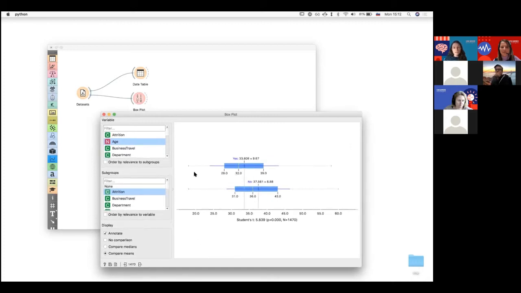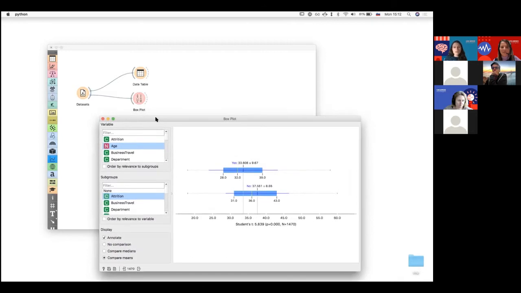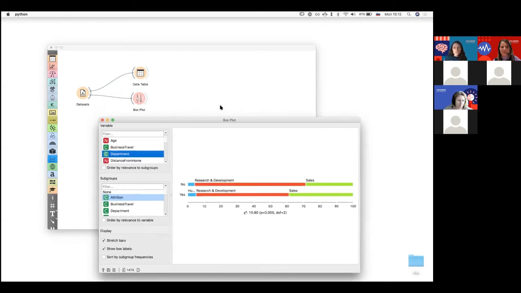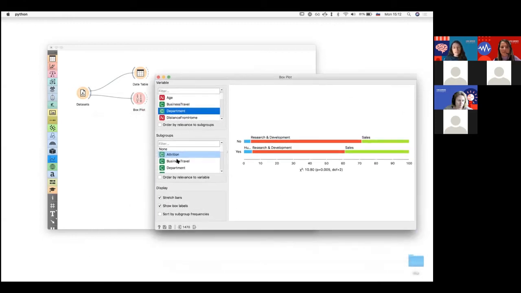Another great thing about Orange is that I can ask for informative visualizations. So imagine I have lots and lots of attributes, like 100, 1000, and I don't know which one to look at. I would have to go through every single one to find something interesting. So to save us time, Orange can do this. So I asked it to split by subgroups attrition.